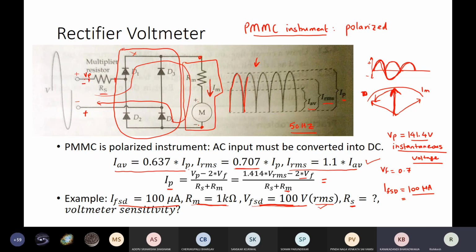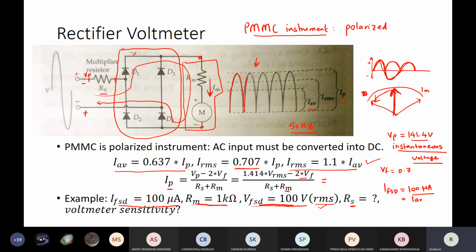At this much current, do we get the peak value? No. What did I tell? The meter will respond when the meter shows 100 microampere. What value is it showing? RMS? No. It is showing the average value. I told you, when the meter shows a DC quantity, even though it is pulsating DC, what it is showing is the average value. So the maximum average is 100 microampere.